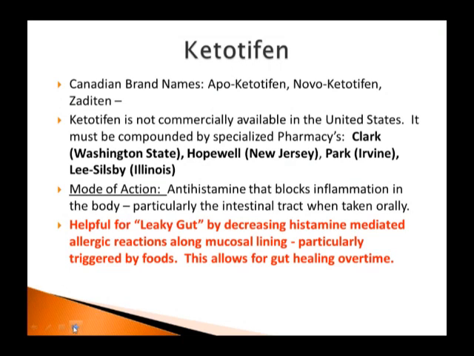It has been shown to help improve leaky gut, and it's called Ketotifen. Ketotifen is still found in eye drops. In fact, there's a particular product you can buy over the counter called Zaditor, which is helpful for allergies that affect the eyes.